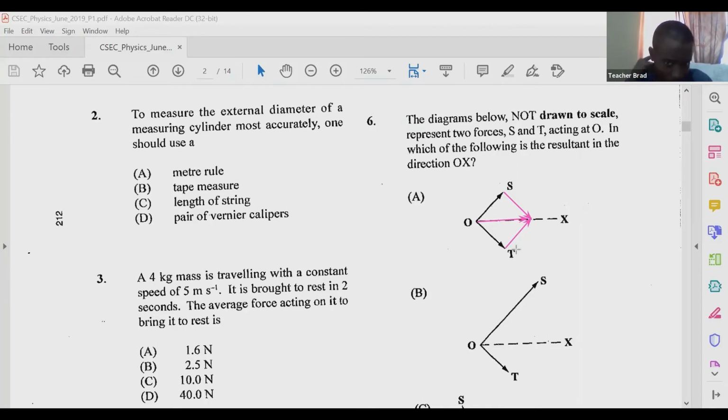But just to help clarify, because you might be looking at B and wondering, could that not also be in the OX direction? Let's try to do the same thing with this one. We complete a parallelogram here as well, and we will see that this is a little outside of the OX direction. This is not quite in the OX direction. This is more like smack in the northeast direction. So that resultant would have been there.